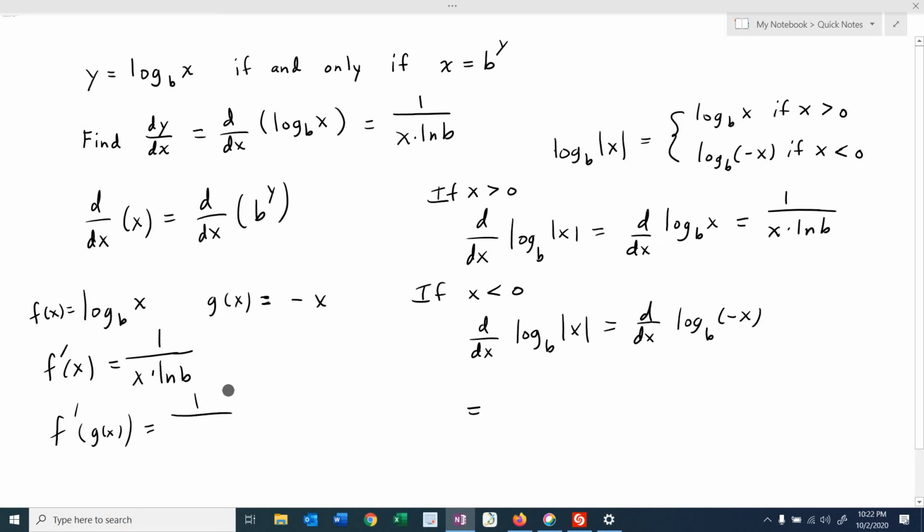So when you substitute g of x into here, right, g of x is equal to negative x, you're going to get 1 over negative x times the ln of b. Okay, so that's our outer derivative. And of course, the inner derivative g prime is just -1.